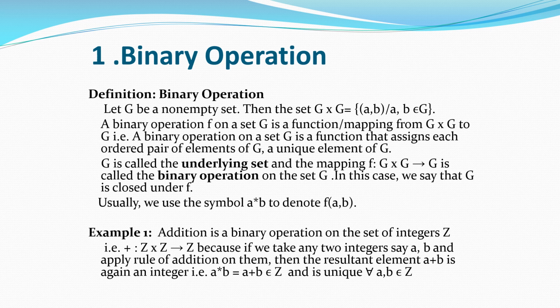Now see what is actually a binary operation on some set G. First of all, G must be a non-empty set. Then G cross G is nothing but the Cartesian product of G with itself.